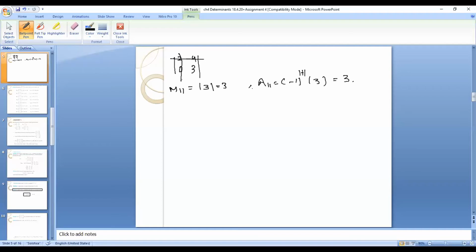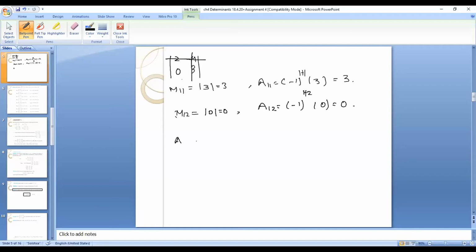Then M12. M12 will be, it is 2, 0. M12 will be hiding first row and second column. So it will be determinant of 0, which is equal to 0. And A12 will be minus 1 raised to power 1 plus 2 into 0 is equal to 0.